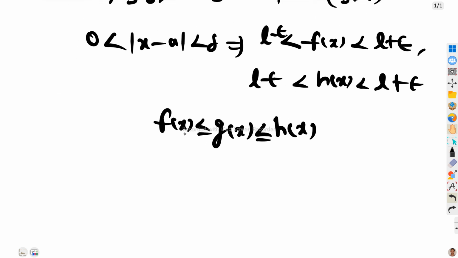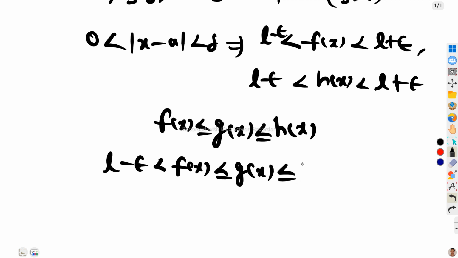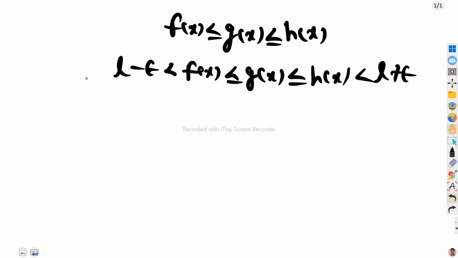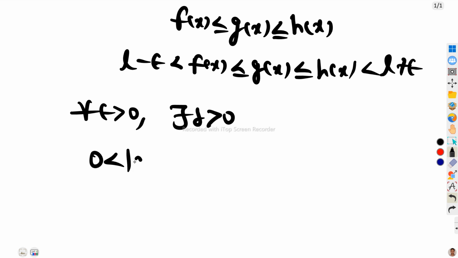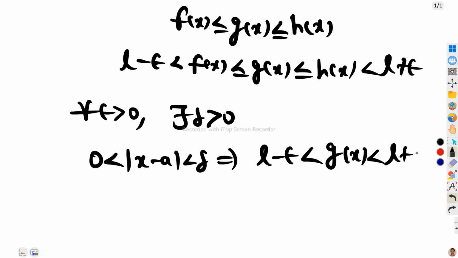Combining these inequalities, we can write L minus epsilon is less than or equal to f(x), and f(x) is less than or equal to g(x), and g(x) is less than or equal to h(x), and h(x) is less than L plus epsilon. So for every epsilon greater than 0, there exists delta greater than 0 such that 0 is less than mod of x minus a less than delta, and L minus epsilon is less than g(x), and g(x) is less than L plus epsilon.